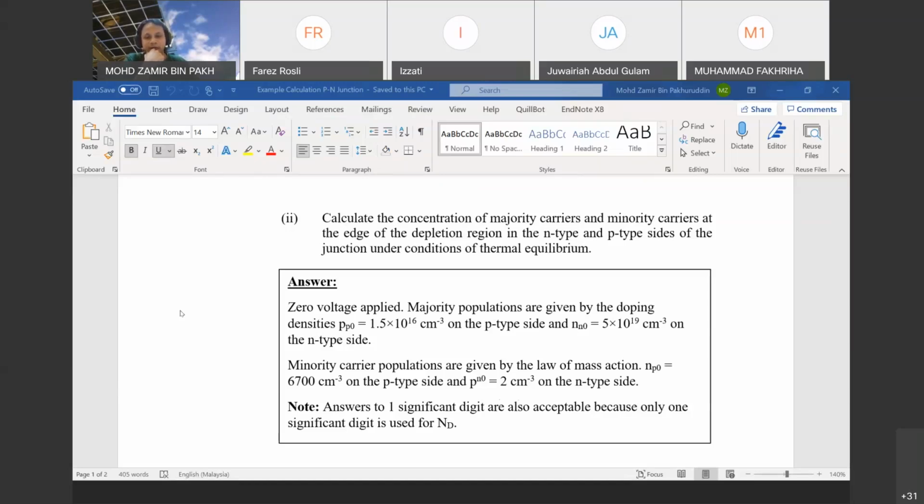So next, to be able to calculate the minority carriers, we need to use the law of mass action. So np equals ni squared. Np naught equals 6,600 plus, right? Betul kah? Did you get 6,600 plus? Betul. Okay, anybody got different answers?